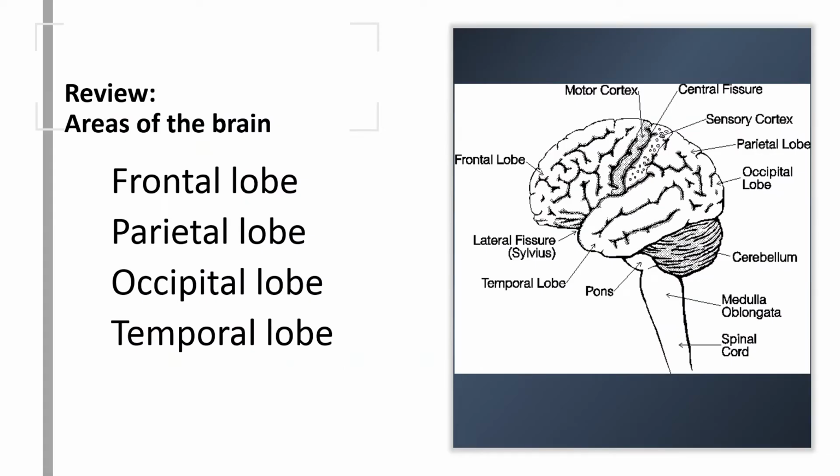In review from your anatomy and physiology, it is important to know what areas of the brain control what in the body. The brain is divided into 3 major areas: the cerebrum, the brainstem, and the cerebellum. The cerebellum is what we're going to focus on, and it's composed of 2 hemispheres which are divided into lobes. The frontal lobe controls concentration, motor function, abstract thought, and memory.